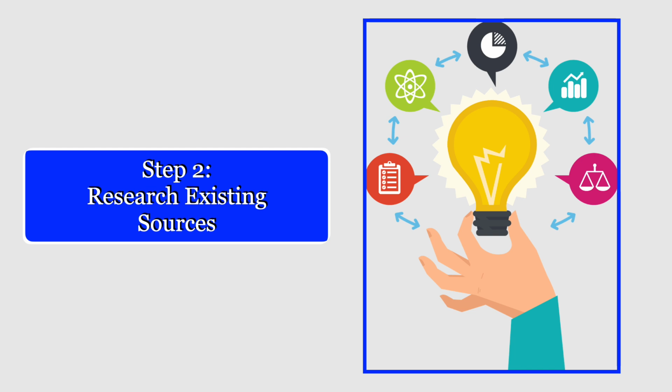So we like to do a literature review and to research what all has been found out and learned about our topic. So we're not duplicating efforts, we're just building on existing knowledge.